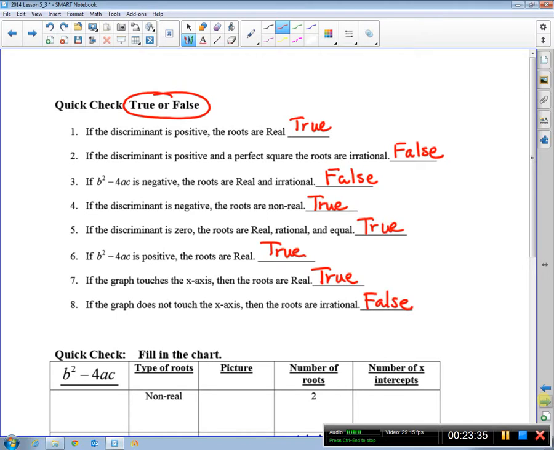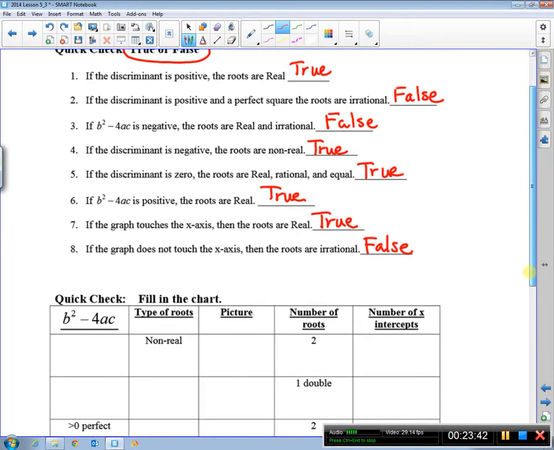Okay, I hope you checked your answers. If you have any questions on any of these, put a question mark next to it and ask tomorrow.